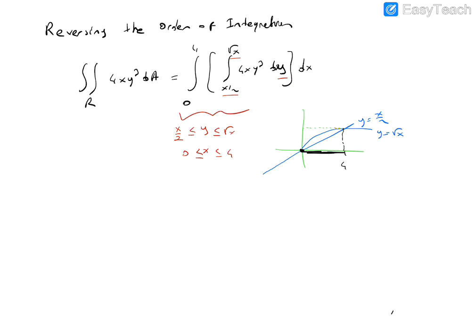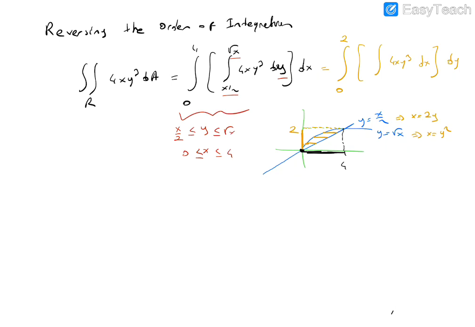So what is this point? For x equals 4, x over 2 is 2, and the square root of x is also 2. So this point is 2. So y changes from 0 to 2. And while y changes from 0 to 2, how does x change? x changes from the parabola to the line, but we should write x in terms of y, which is y squared for the parabola and 2y for the line.